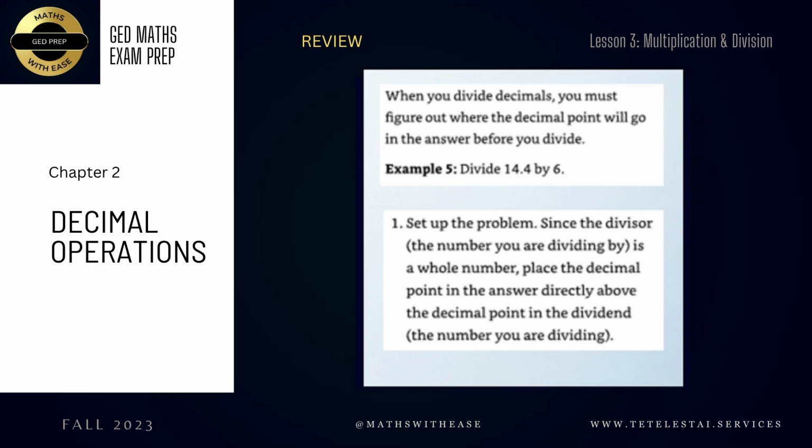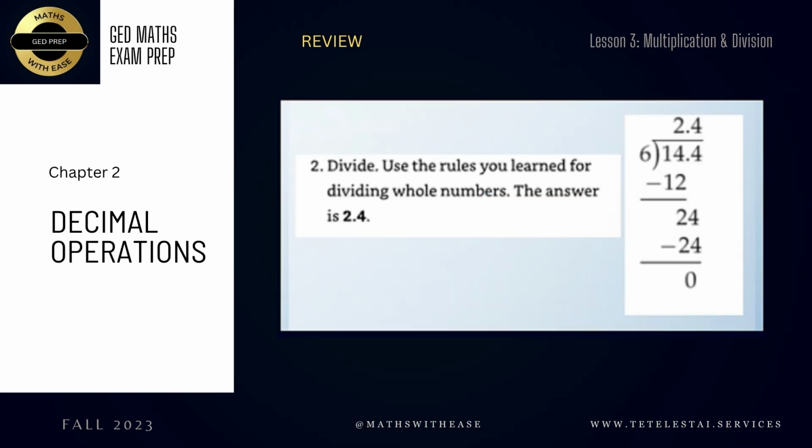So in your answer, you need to place your decimal point directly above the decimal point in the dividend, which in this case is 14.4, okay? So as you can see, they set that up for you already. Before you start dividing, put your decimal point right above the decimal point in the dividend, okay?